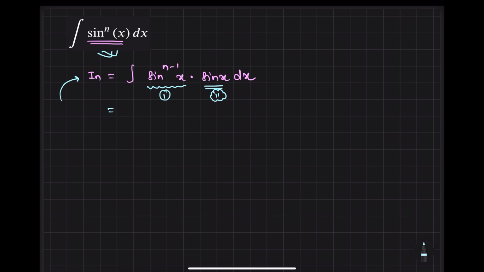So apply that formula: sine power n minus 1 x as the first function, integration of the second function, minus the whole integration of differentiation of the first function into integration of the second function.